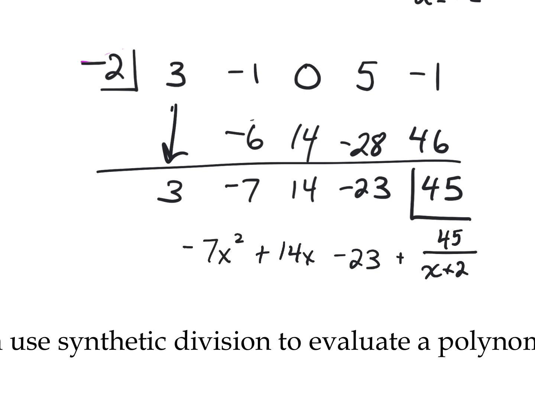The -7 by x squared. And the 3 by x cubed. What we'll notice with synthetic division, the answer should always have one less degree than the polynomial we divided. I started with a 4th degree, my answer is 3rd degree.